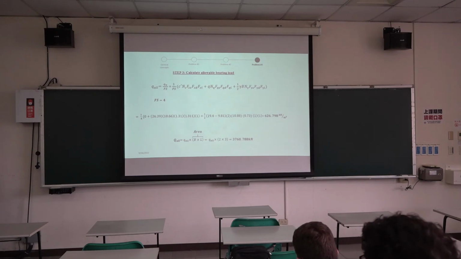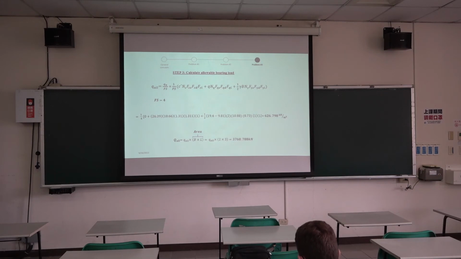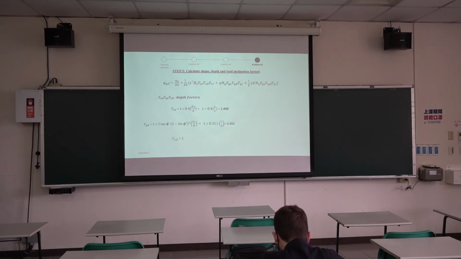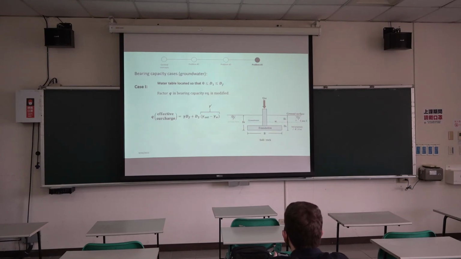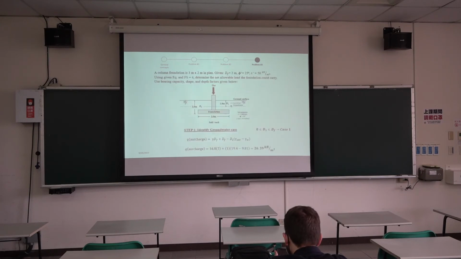So I said that you have to factor in, let me go back. So you have this, you have to calculate the effective surcharge. You have gamma Df and you have gamma D2 times gamma prime, right? So it is not in the equation, but if you put the q, you know very well what you're supposed to do or how you're supposed to calculate it.